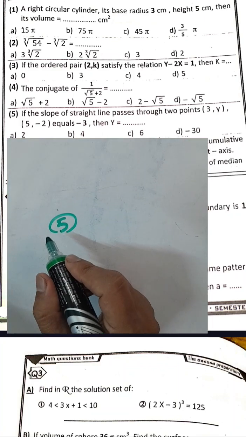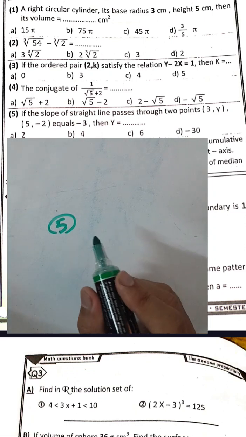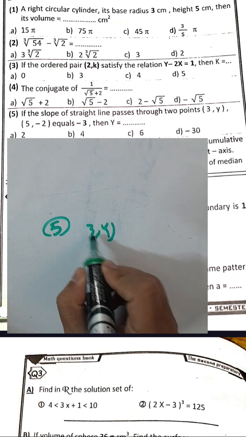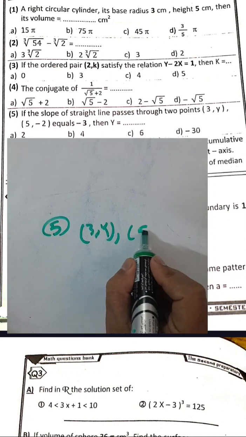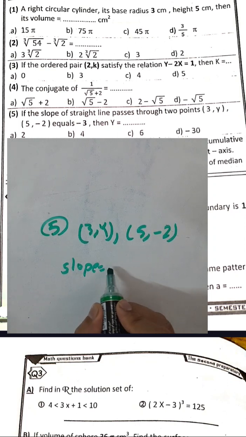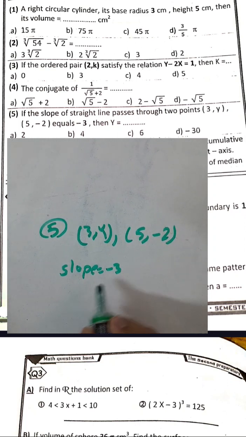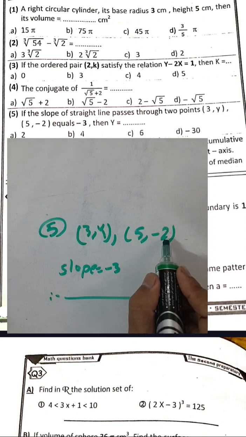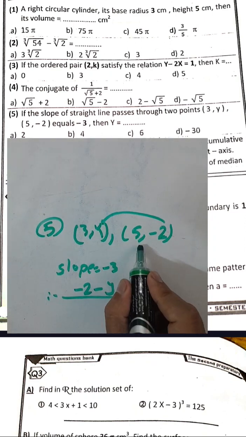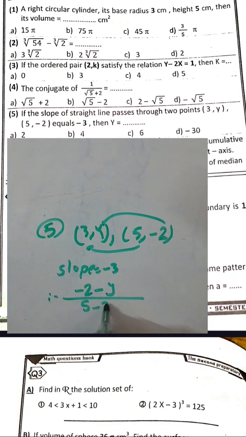Question number 5. The slope of the straight line passing through (3, y) and (5, negative 2) equals negative 3. Then y equals what? We have 2 points, (3, y) and (5, negative 2), and the slope equals negative 3. Then negative 2 minus y over 5 minus 3 equals negative 3.